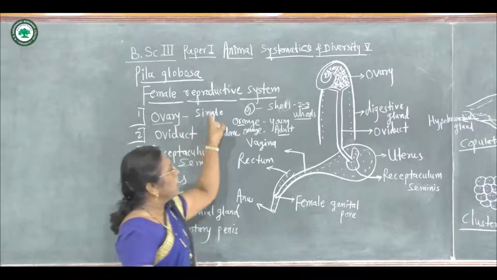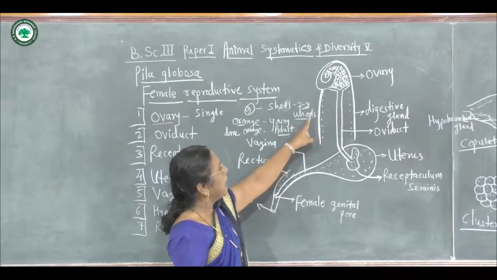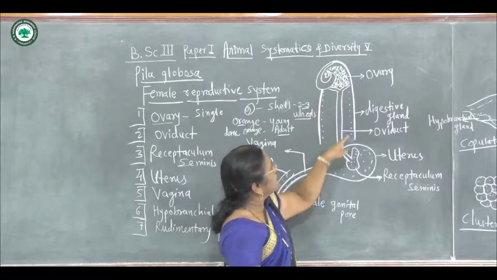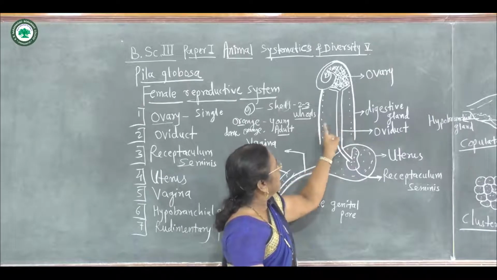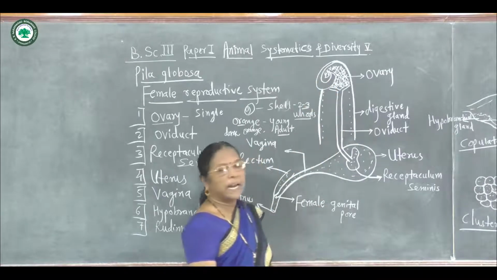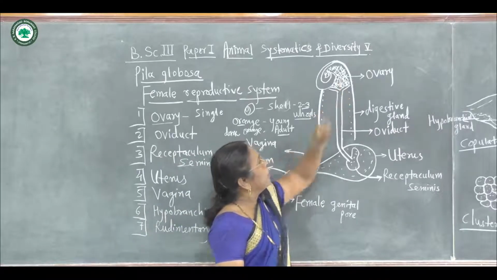This single ovary occupies the first 2 to 3 whorls of the shell and is situated in the digestive gland. You can identify the digestive gland color and the ovary color.